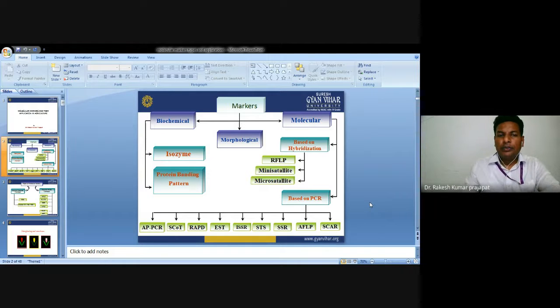Earlier we were using biochemical markers, morphological markers, and molecular markers.